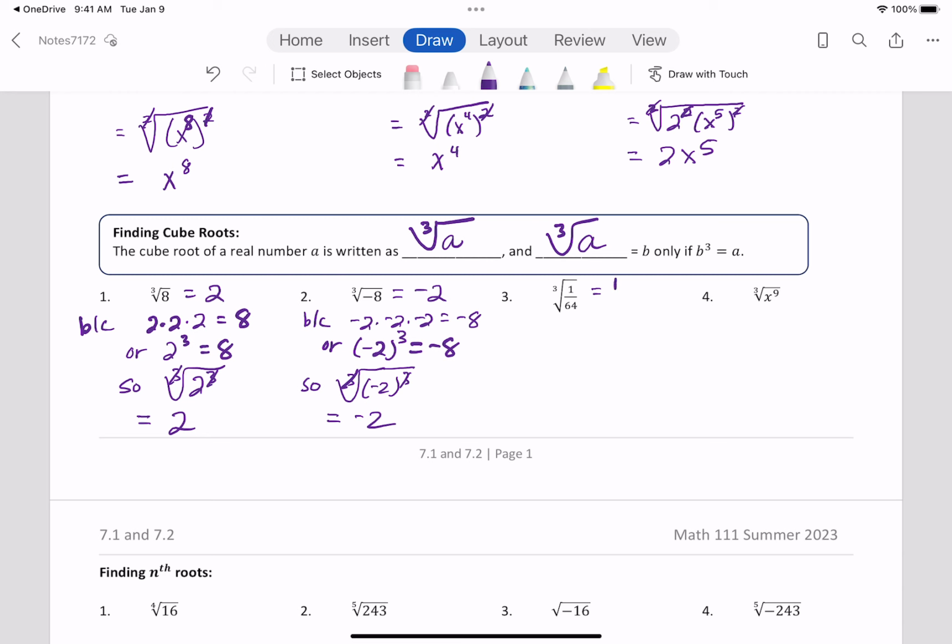So I'm going to say this is 1/4, and that's because 1/4 times 1/4 times 1/4 is 1 over 64, which can also be written as 1/4 cubed. So that's what allows me to say that the cube root of 1 over 64 can be written as the cube root of 1/4 cubed. The 3's can cancel, and I'm left with 1/4.